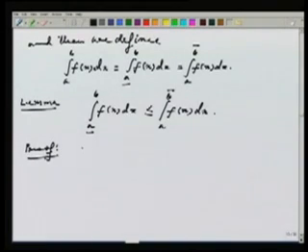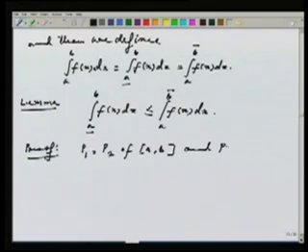Well, I take any partition P1 and P2 of [a, b], and P is the common refinement of P1 and P2, meaning P is just P1 union P2, that is then another partition.